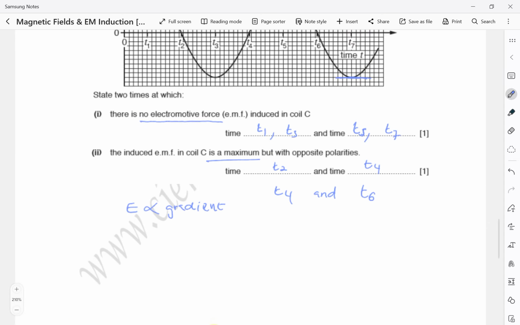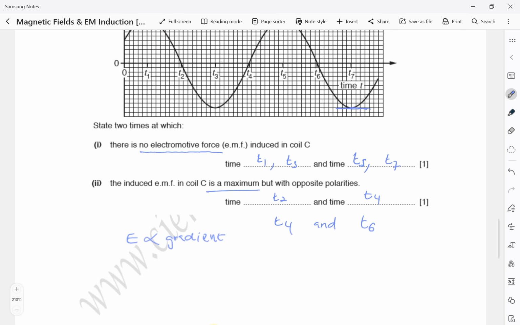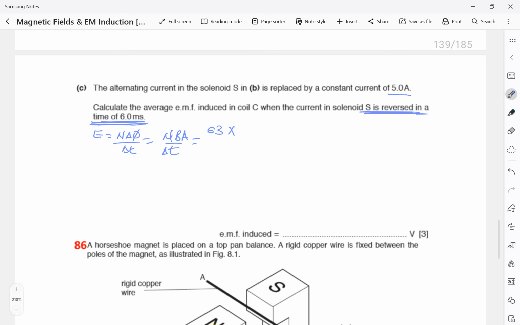It was B equals 9.4 times 10 to the power of minus 4 times I. So this is 9.4 times 10 to the power of minus 4 times the current, which is 5.0, then times the area of the coil, that is going to be pi r squared.